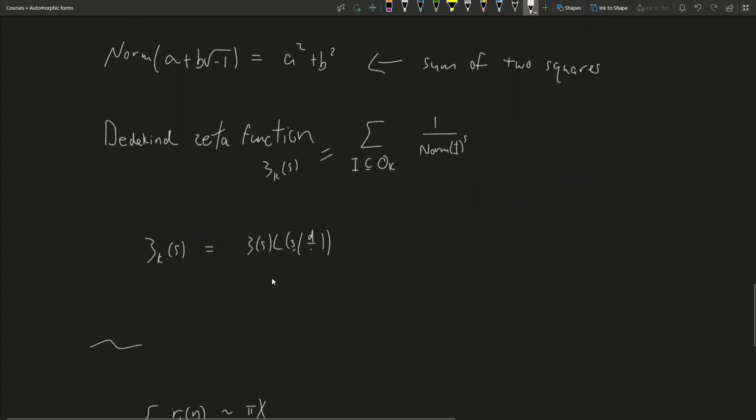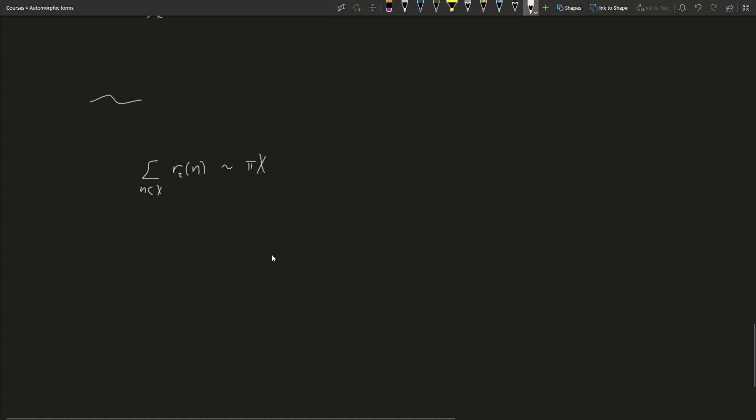So asymptotically, on average, there are pi ways to write n as a sum of two squares.